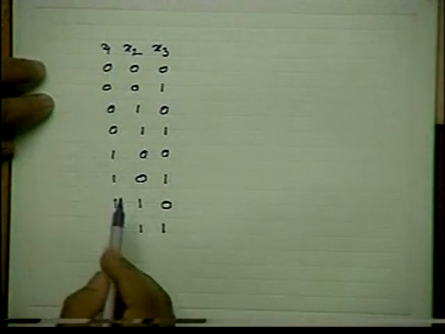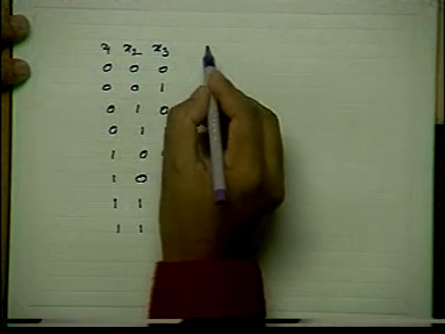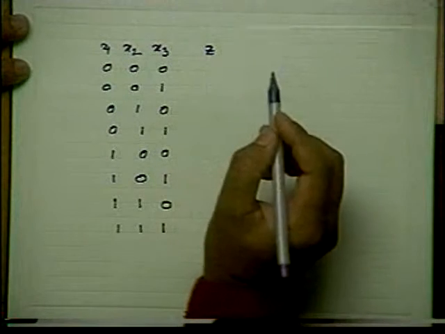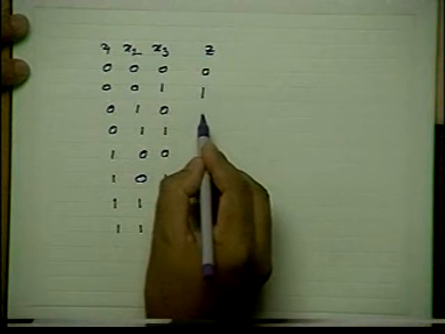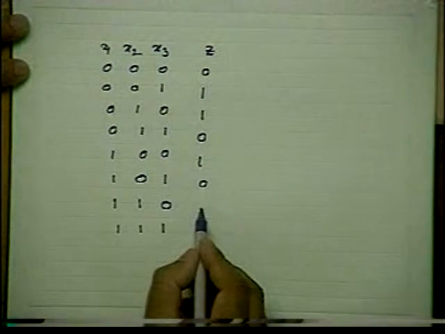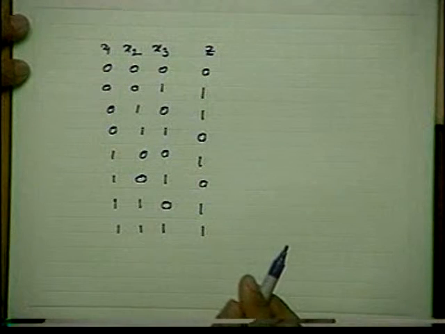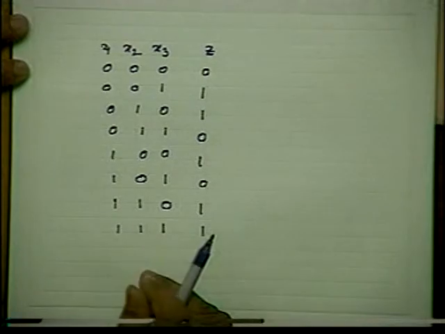These are the 8 possible combinations of the inputs. We can say we want the output z to be 0, 1, 1, 0, 1, 0, 1 and 1 respectively.